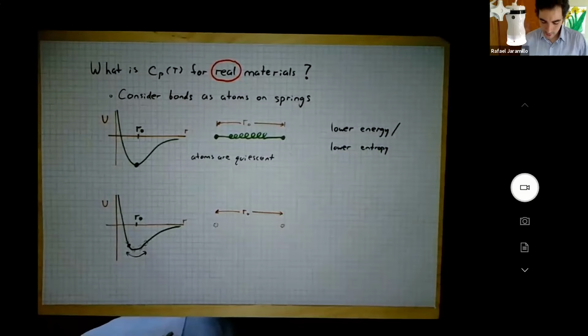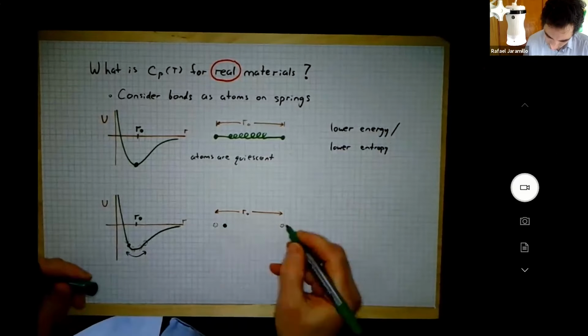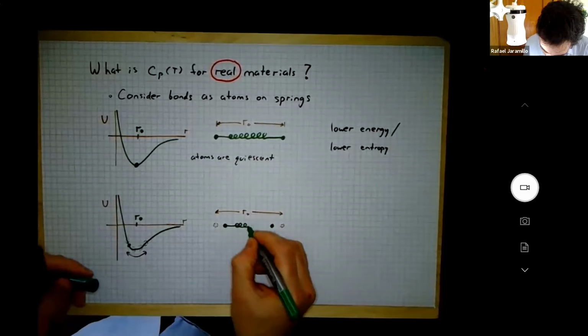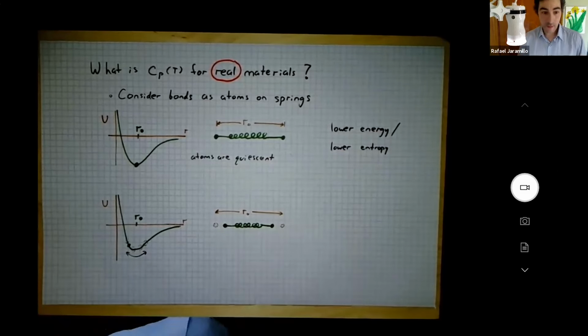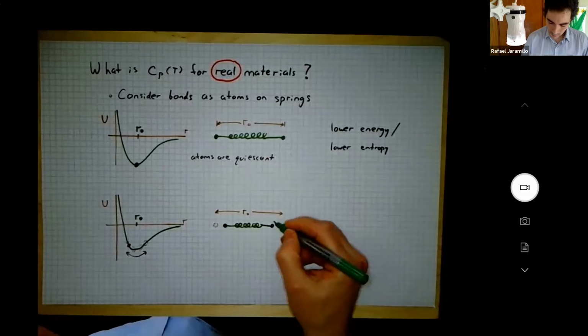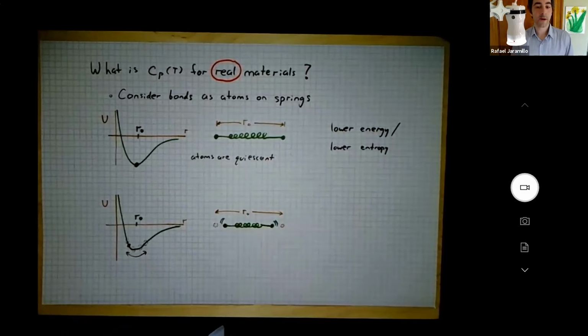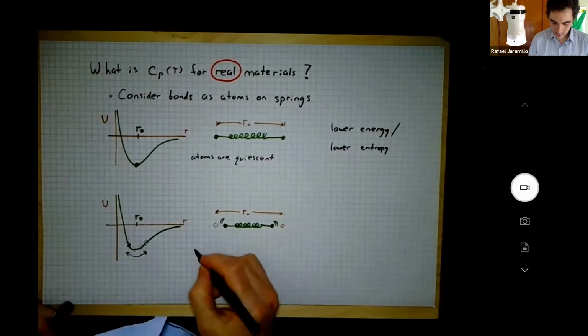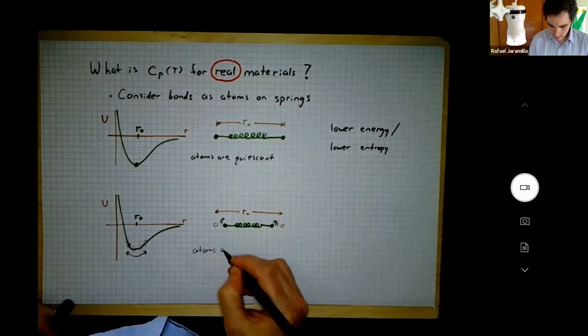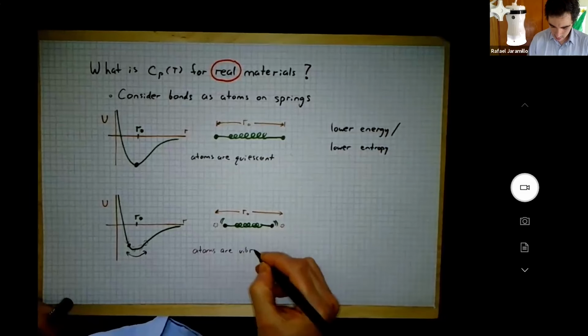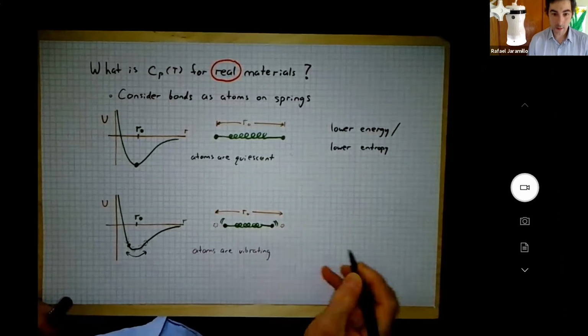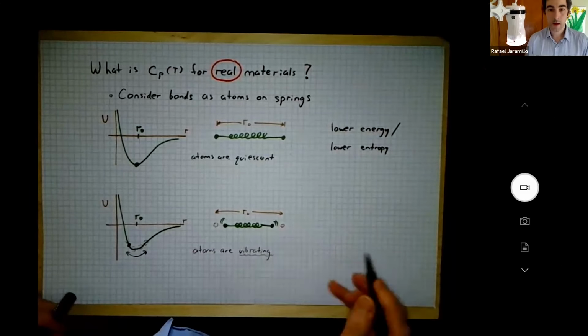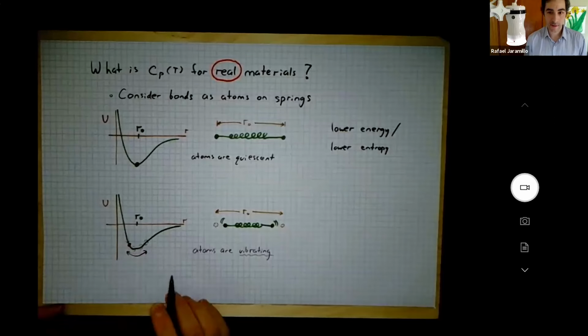But as drawn here, the atoms are a little bit closer together. They've compressed the spring. Right? And they're on the move. They're vibrating, right? So the atoms are vibrating. So you can see from this picture that the system is in a higher energy because there's an average energy of the atoms that's increased here.